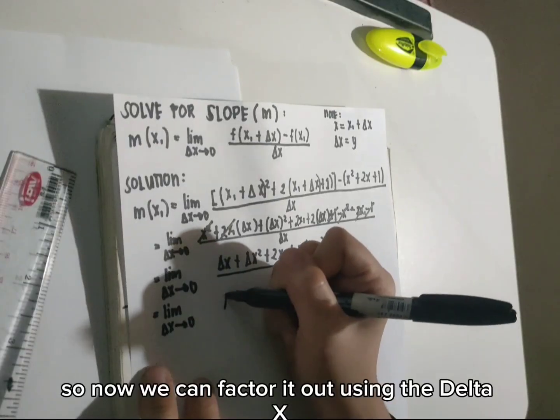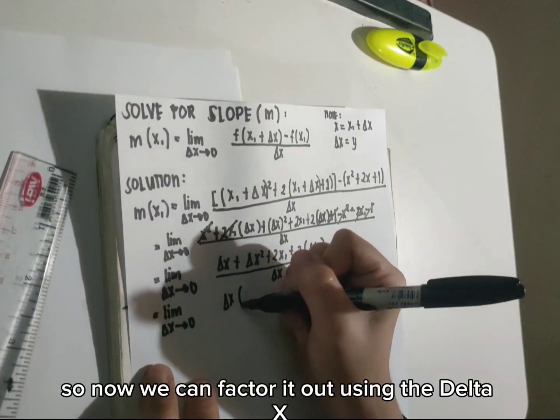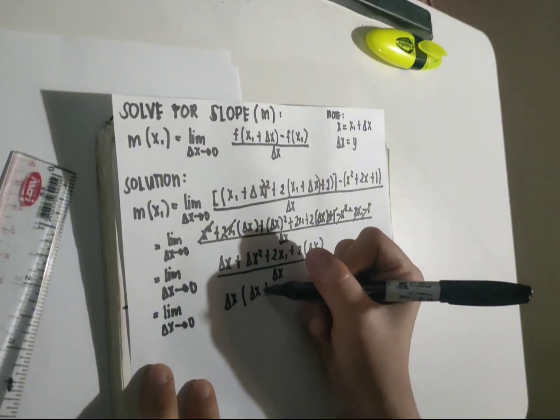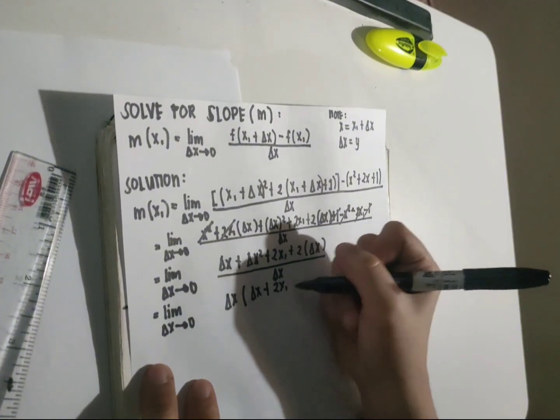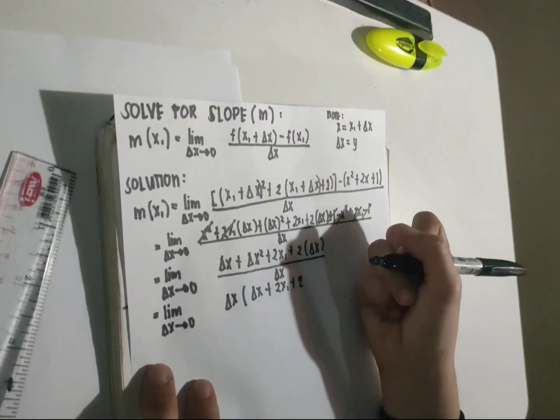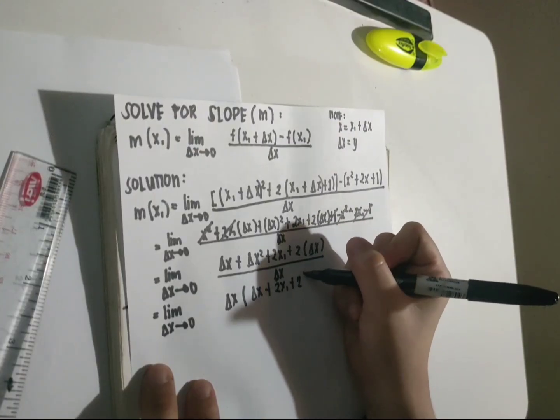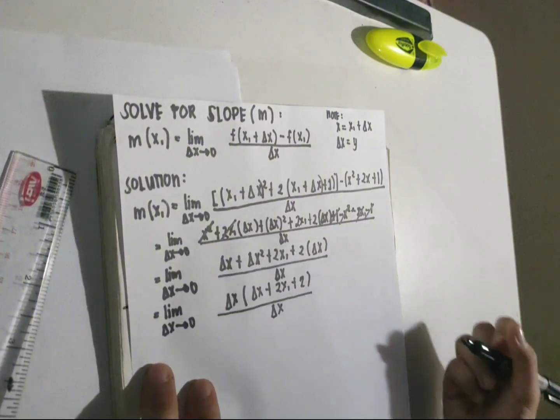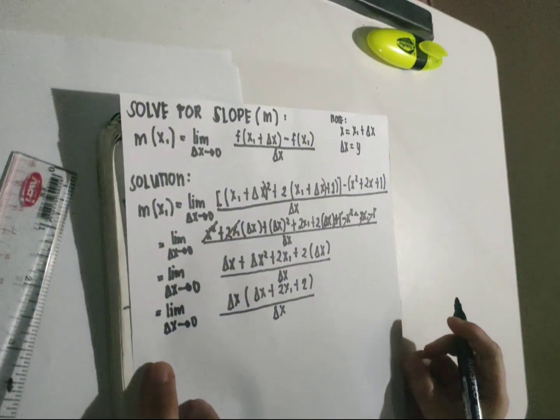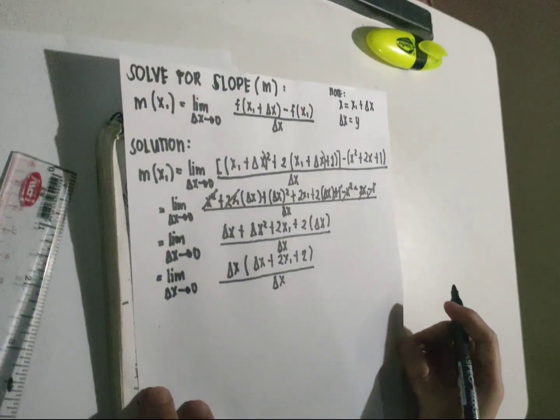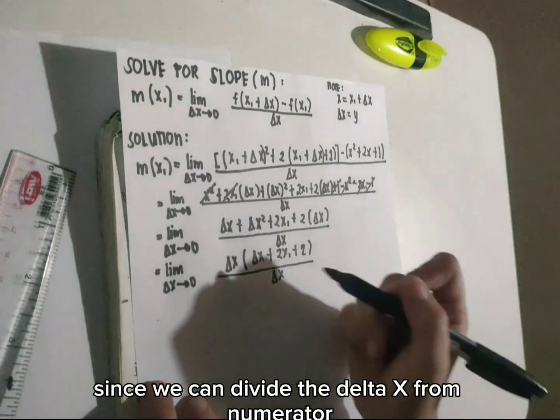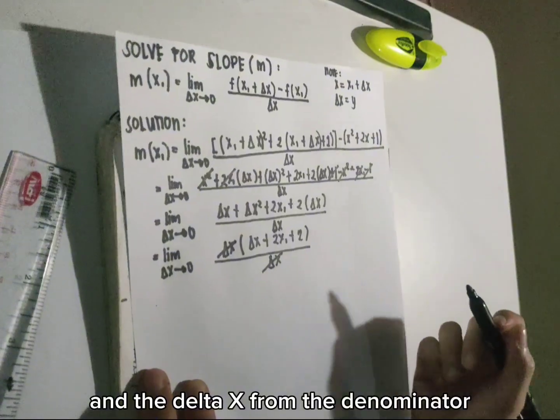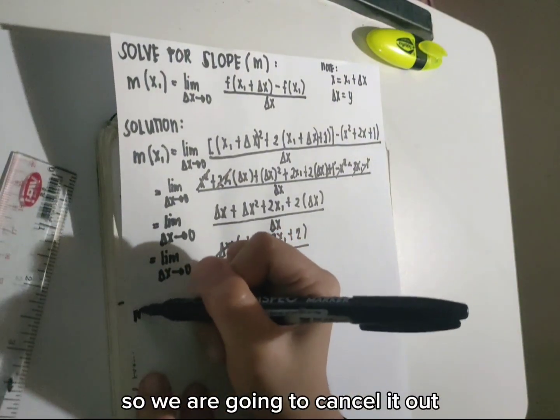So now we can factor it out using the delta x. Since we can divide the delta x from the numerator and the delta x from the denominator, we are going to cancel it out.